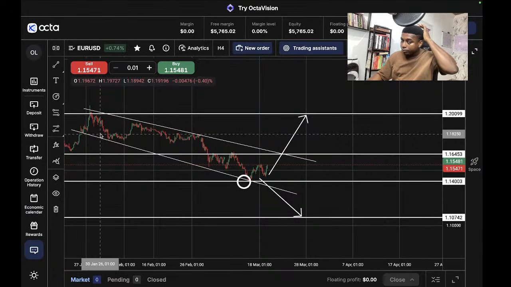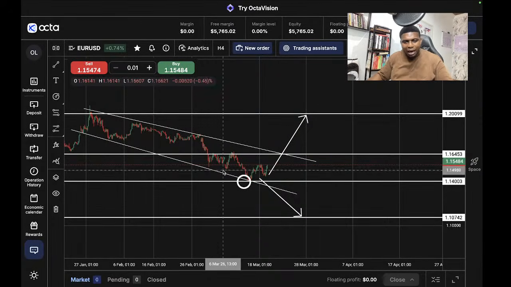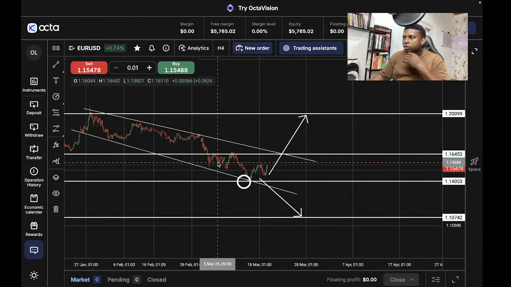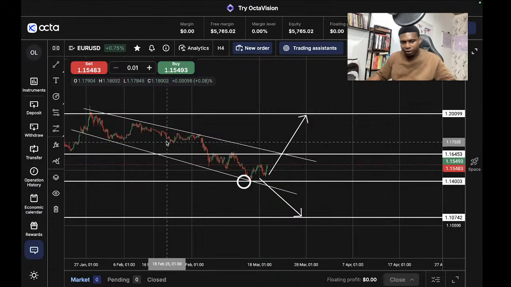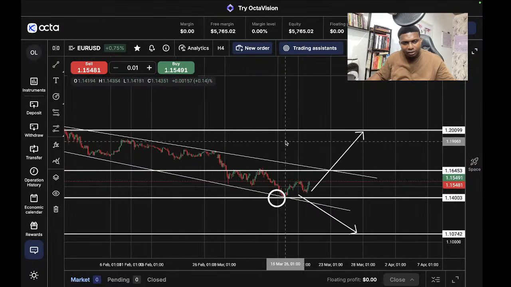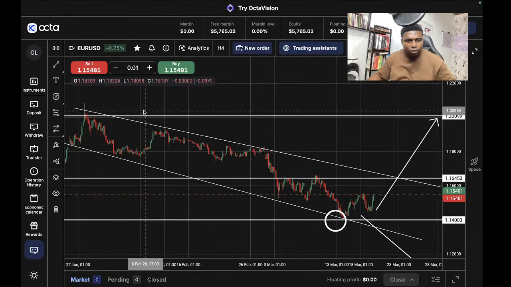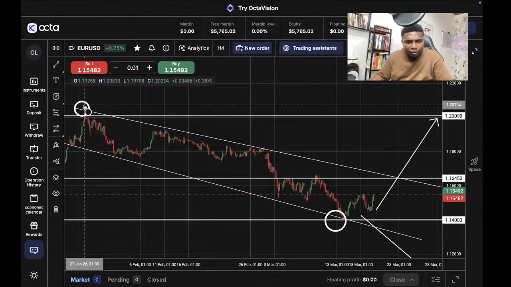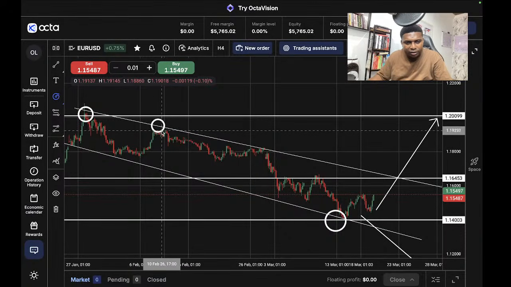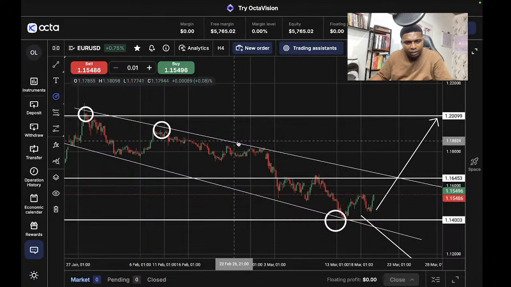So you can see here now that price has been in a downtrend and price has been moving up that trend. Let's have a closer look at that. Good. You will see here, it started here, a spot here. Then another one here. Then another one here.